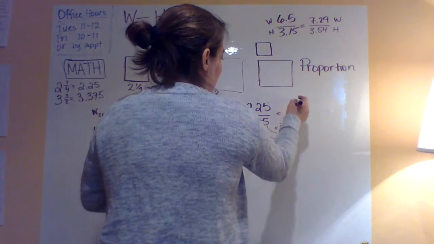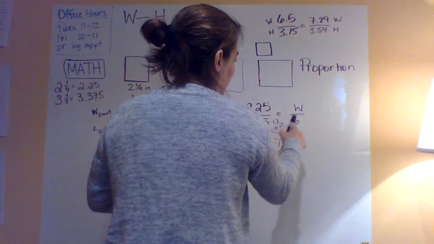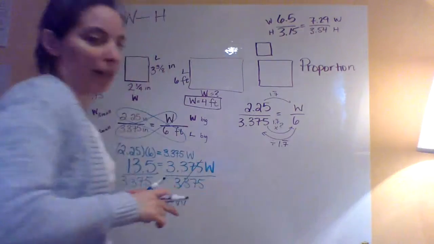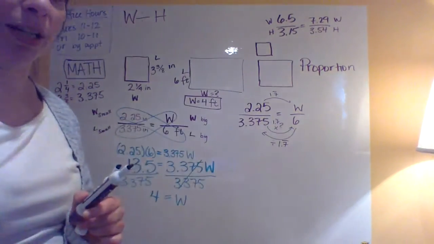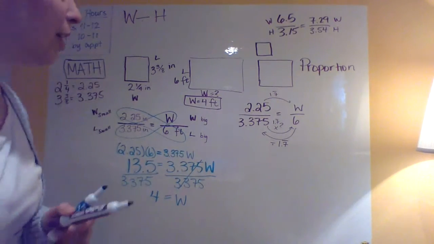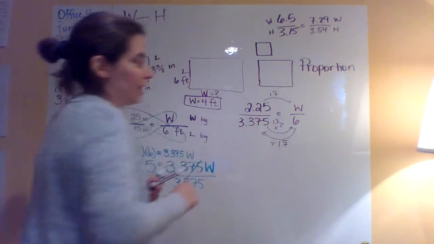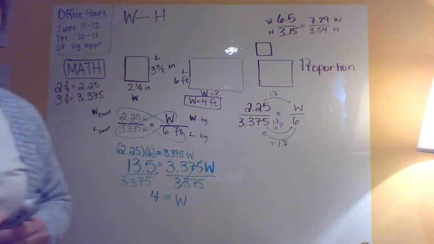Well, so that means that this times 1.7 repeating gave me 6. If I multiply that by the same thing, so the best way is to just leave it on your calculator, don't round it, and multiply that by 2.25, then I'm going to get 4. I multiplied the top and the bottom by the same number. So whichever method feels better to you is fine.